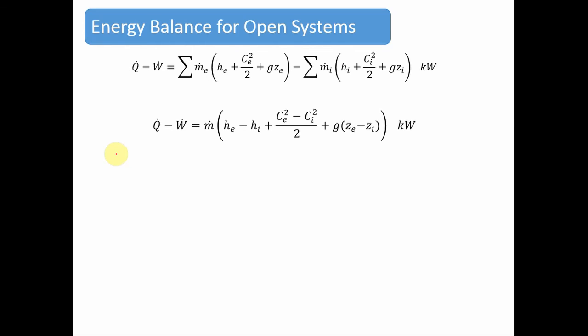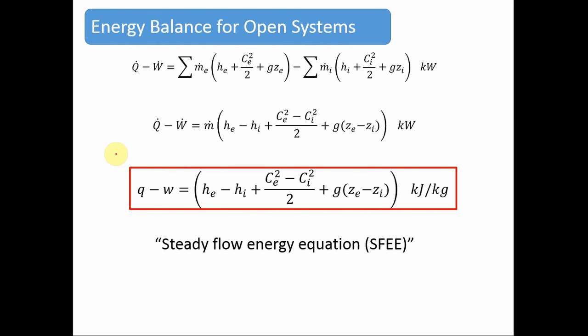But in engineering analysis, we are often working with specific quantities. Therefore, rather than having the total rate of heat transfer and total rate of work transfer, we can say the specific heat transfer and the specific work transfer, and on the right side you have the specific enthalpy, specific kinetic energy and specific gravitational potential energy.